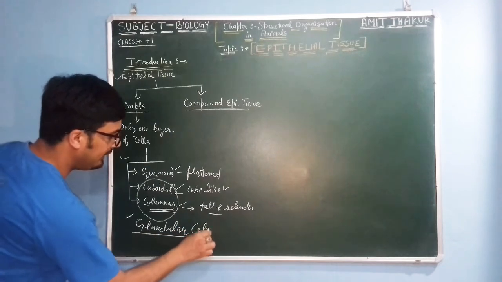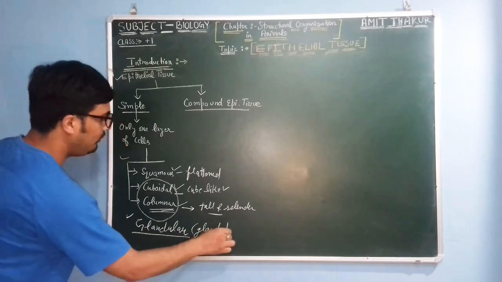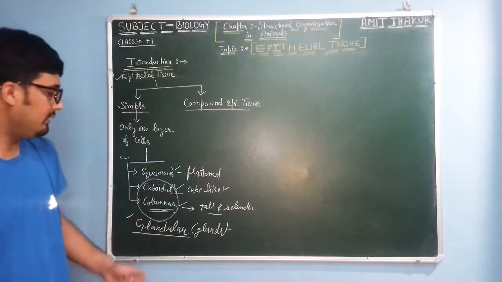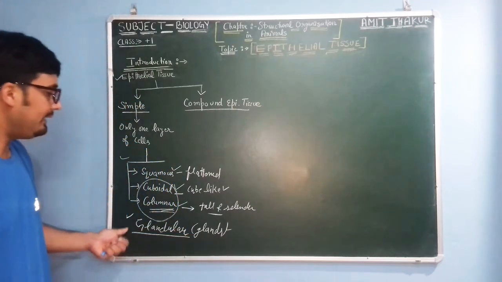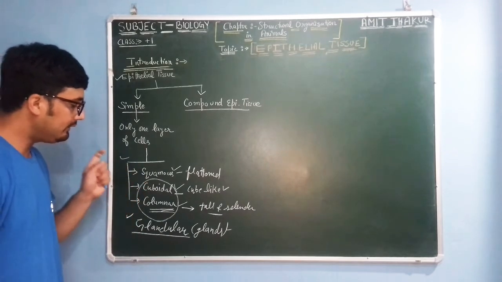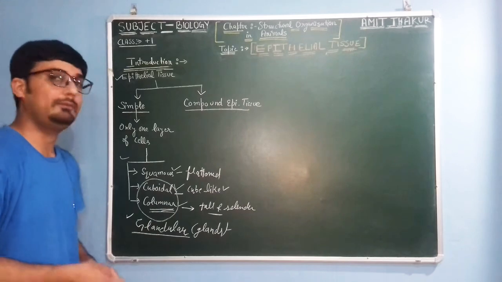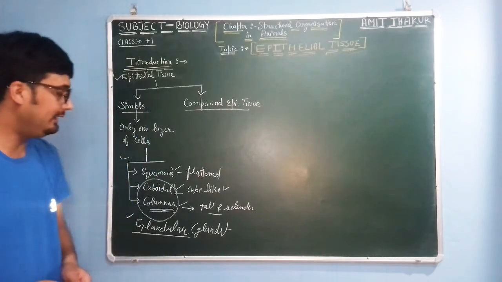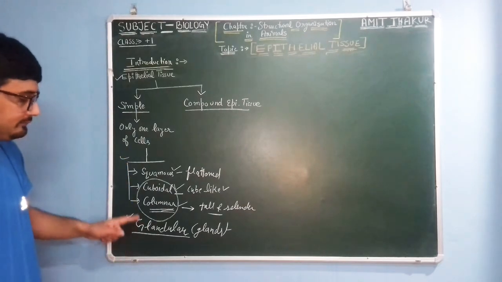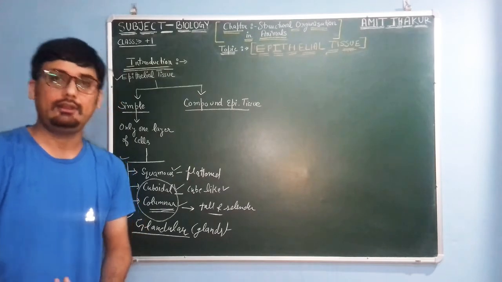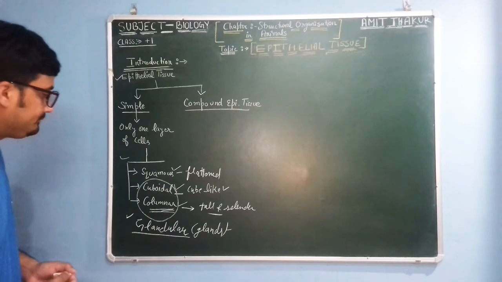Means ये किससे जुड़ा है? Glands. And glands, as you know, are specialized for some secretions. So glandular कैसे बना? If either cuboidal or columnar, when they get specialized for some secretions, then they are known as glandular epithelial tissue. Like we see exocrine glands and endocrine glands.